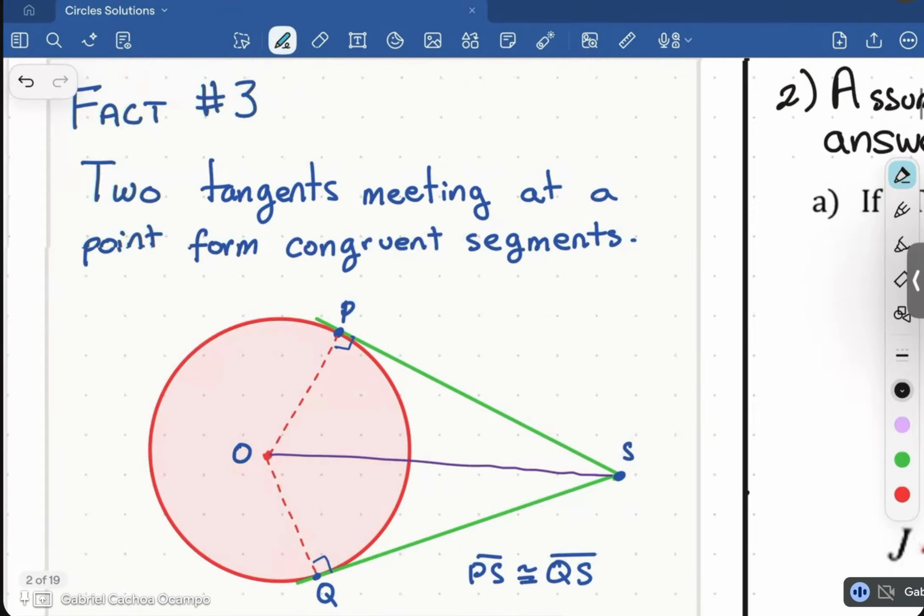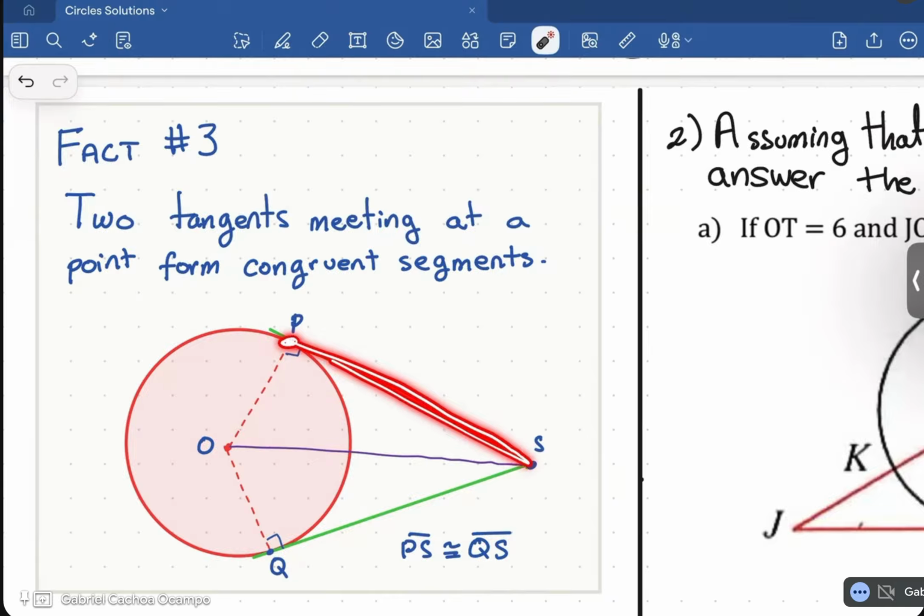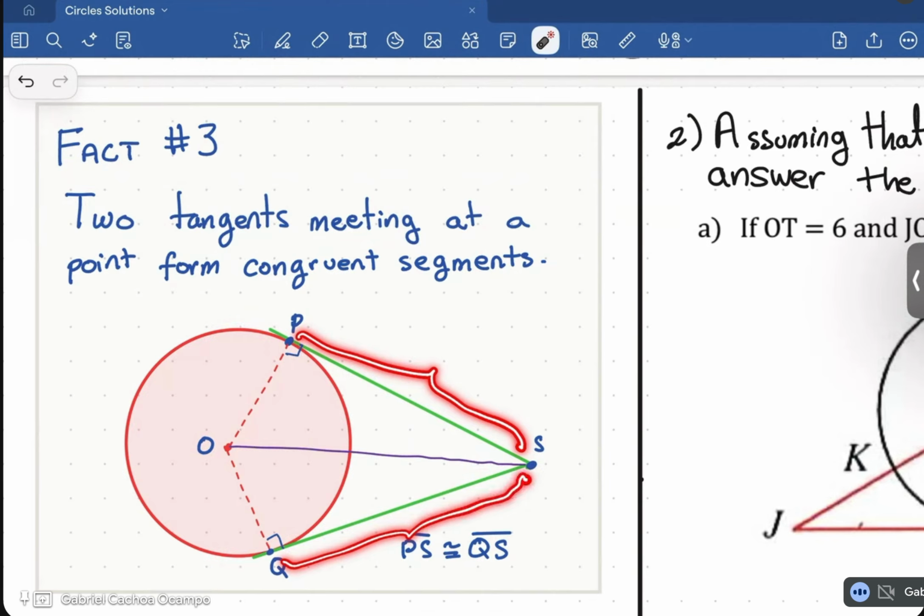And now the third fact that is also not obvious is that if I have two tangents that intersect outside of the circle, like this tangent and this tangent, and they intersect outside of the circle, then this distance and this distance measure the same.